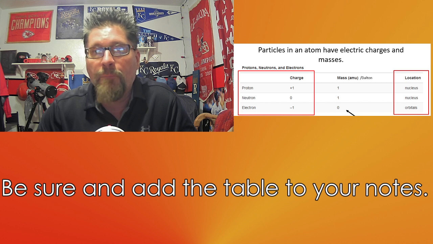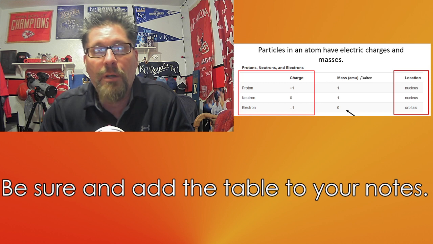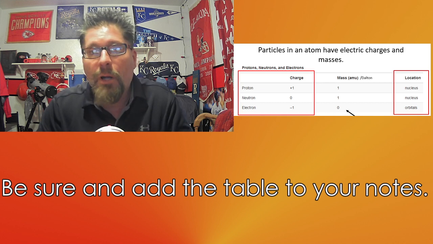So they essentially made up a unit small enough to describe it. They took the protons and neutrons, and their mass is basically the same, so they made a unit to refer to both of them, AMU, atomic mass unit. A 1 is a reference to one proton or one neutron. So if you have an element that has one of each, a proton and a neutron, then their mass would be 2 AMUs. But again, really, really small.